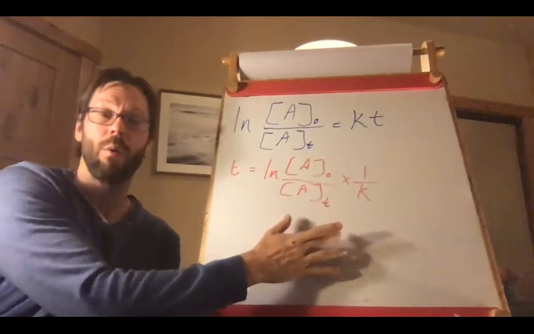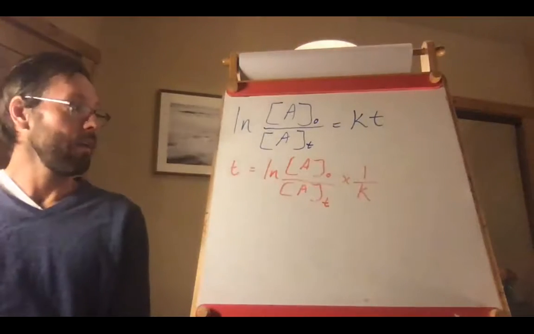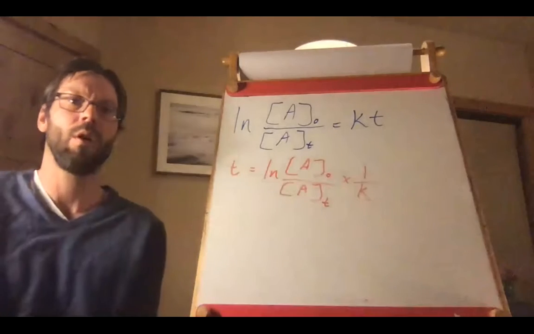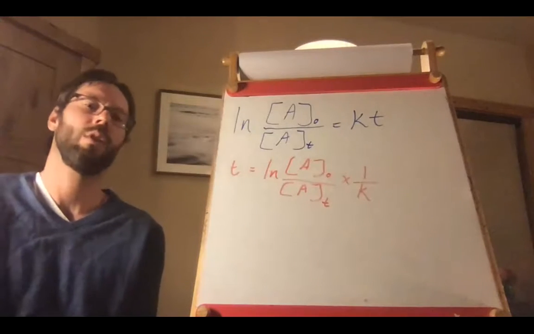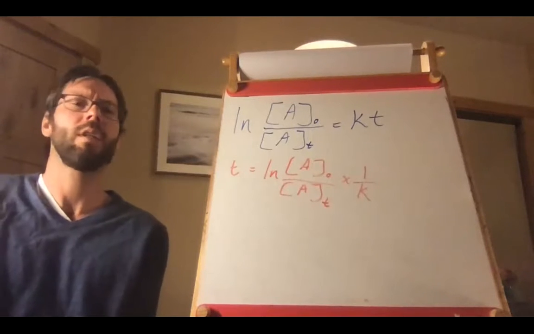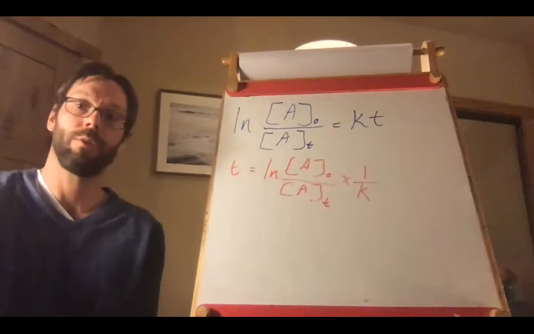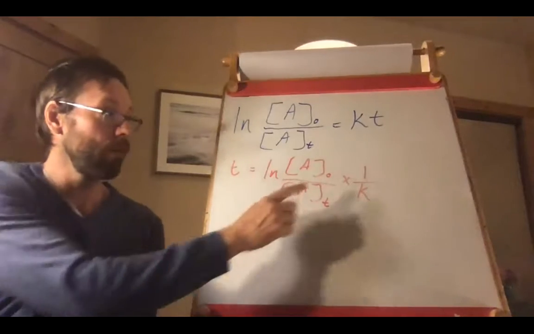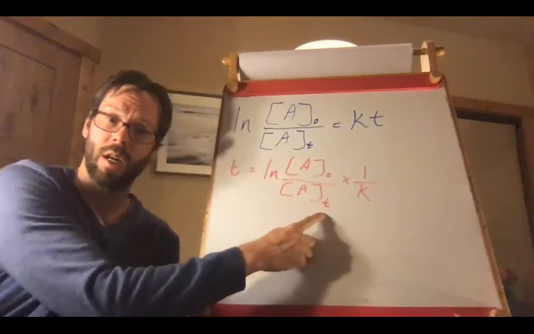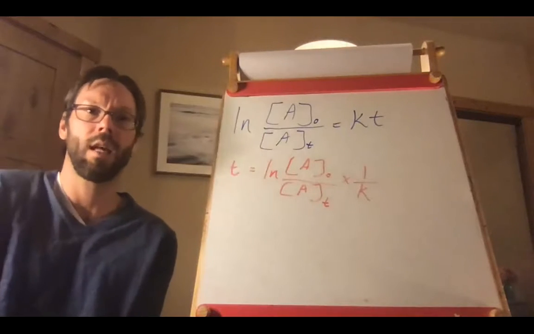Okay, and so now what we have to do is plug in our values. Again, as I said, we don't know the concentrations, but we know the relationship. It said, how long will it take for 80% of the sample to decompose? So if we're looking at the initial, what we're saying is what's left at this particular time. Well, if 80% is gone, then there's 20% left.